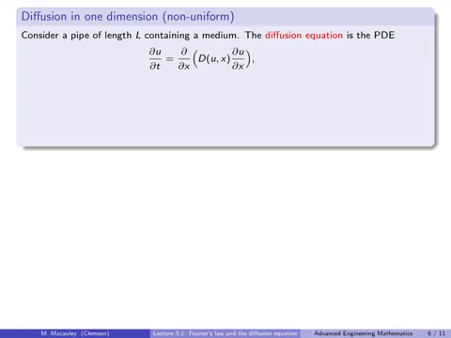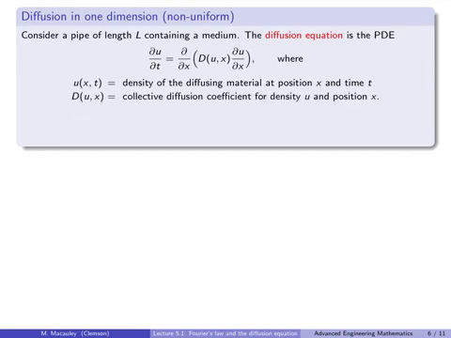So let's only look at the one-dimensional case. So first, for diffusion, suppose we have a pipe of length L containing a medium such as water, and we're looking at maybe a chemical in the water. Then the diffusion equation is the following PDE. So du/dt on the left is just d/dx of capital D of u and x times du/dx, where, as before, u is just the density of the diffusing material at position x and time t.